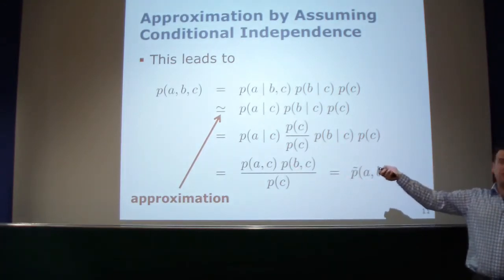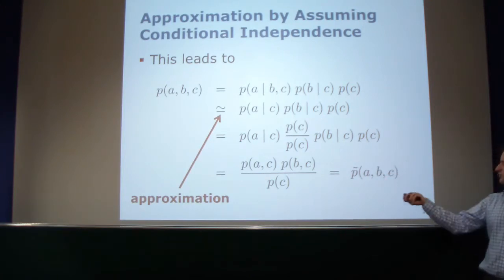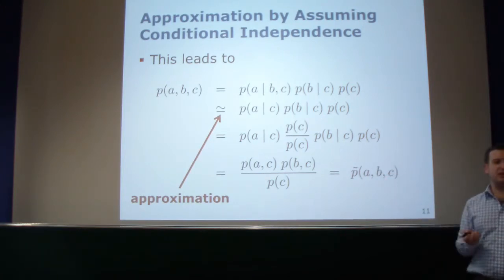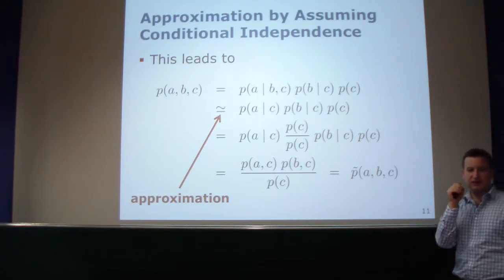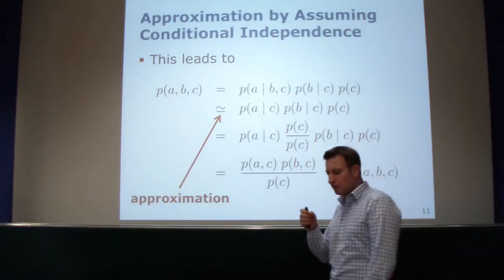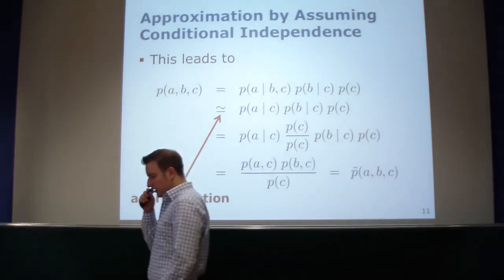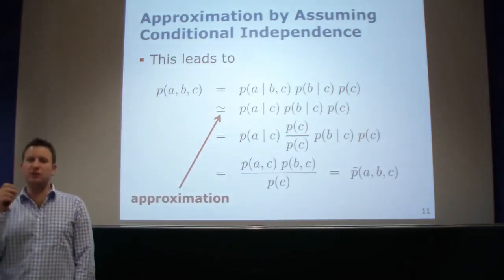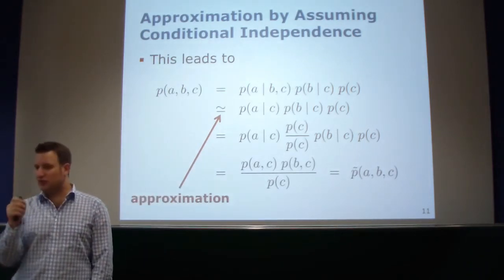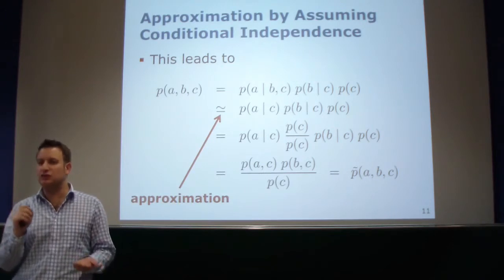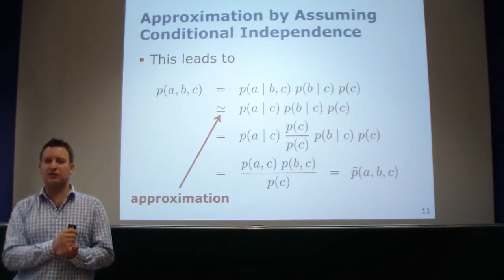So I approximate this distribution by this distribution, which can be expressed exactly in this way. This is what sparsification does. So the sparsification assumes a conditional independence, which is definitely not necessarily true, but this is where the approximation error of the sparsification is.